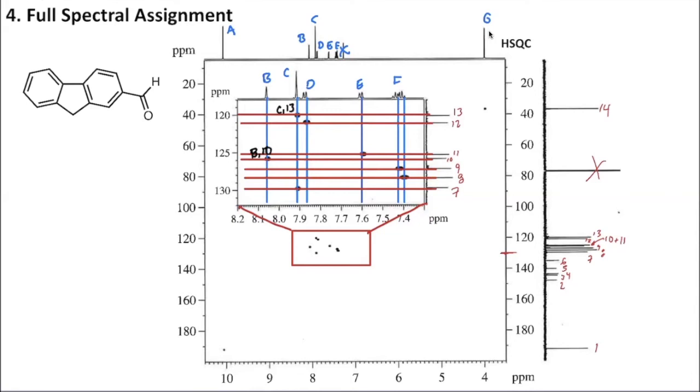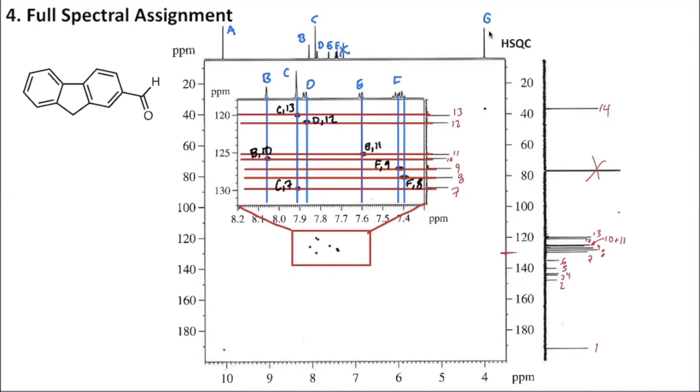We also have a C7 peak there. Interesting. Then we have D. D seems to correspond to 12. E seems to correspond to 11. And then F again has 2 correlation spots. This may be a little bit less surprising, but it looks like F correlates to 9 and 8. Okay, so I think that covers all of them.